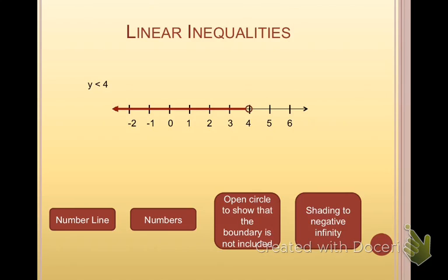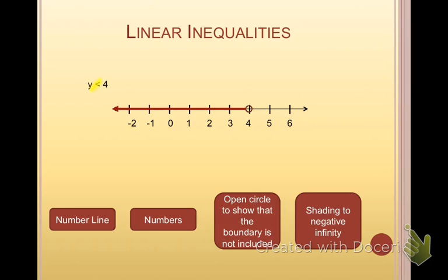So negative 2 is less than 4, 0 is less than 4, 3 is less than 4. Now, a little trick that my students often like to use is that if you actually look at this inequality symbol, it is pointing to the left.